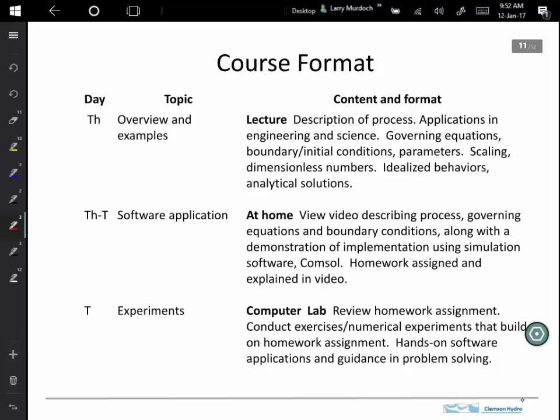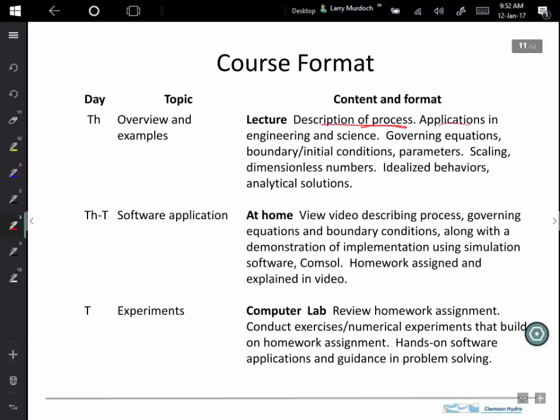The lectures, and each week will be a different topic. So we'll have a lecture on a topic and we'll have a lab on a topic. And I'll show you what those topics are in just a second. For the lectures, I'm going to describe the topic and it'll be a particular process.